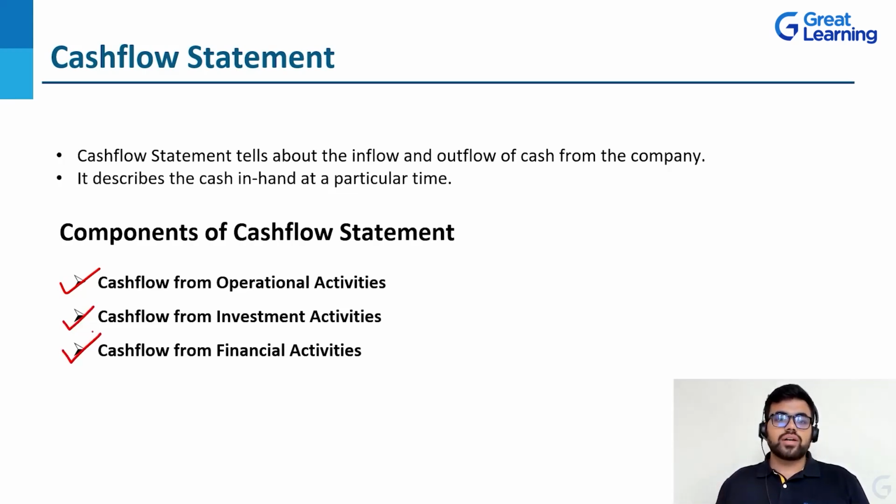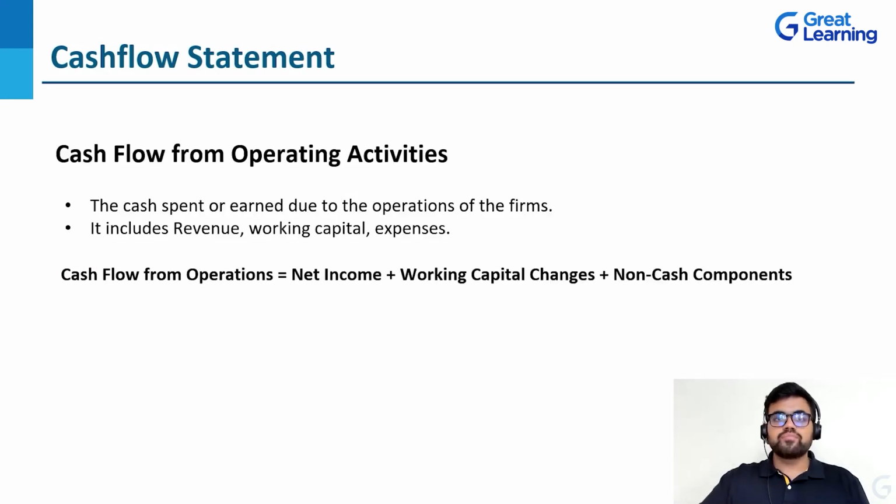Now let's look at what cash flow from operational activities means. It tells us about the cash that is spent or earned in the operations of that particular firm or business entity. These operations are the core of what the company stands for: its main product or service, how much cost has been incurred, how much revenue it has gained.